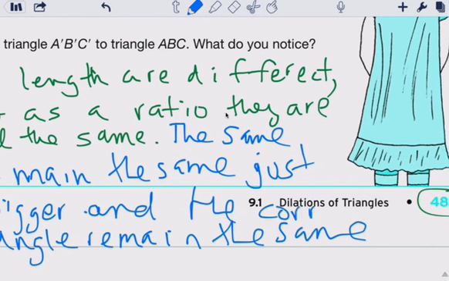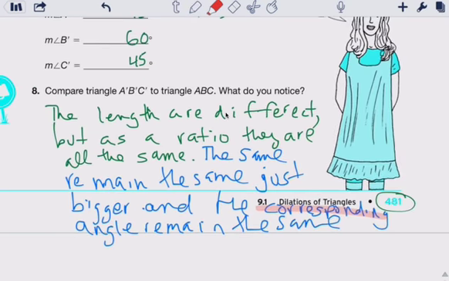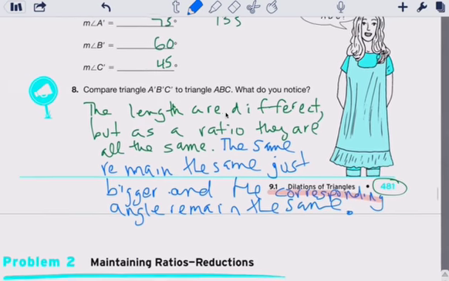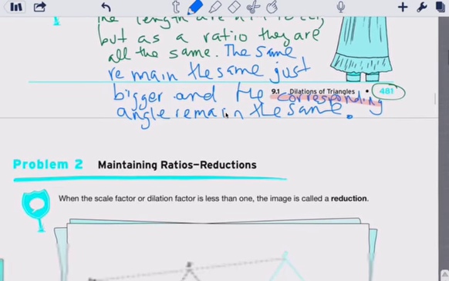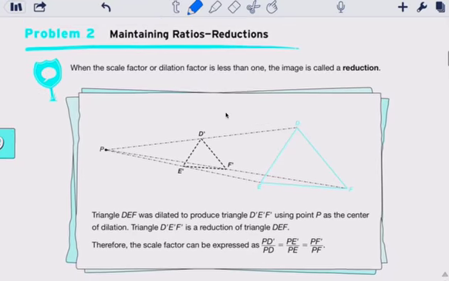The correct vocabulary word is corresponding. The corresponding angles remain the same. We want to use the word corresponding, because not all the angles are the same. The corresponding angles, the ones that are supposed to match exactly, are the same. It's really important.